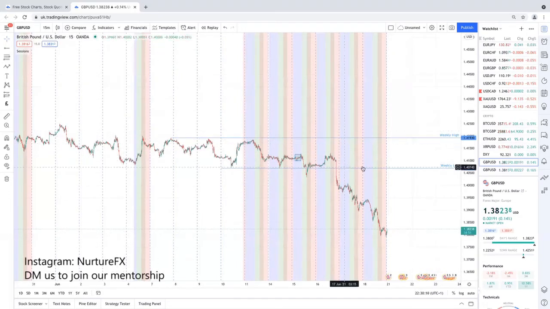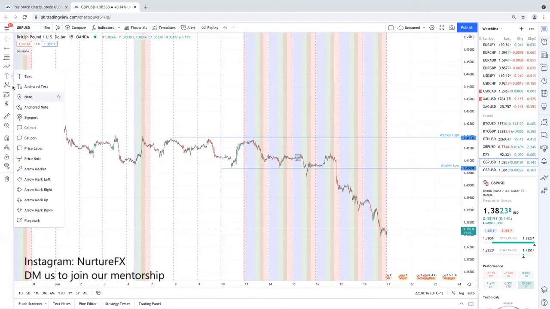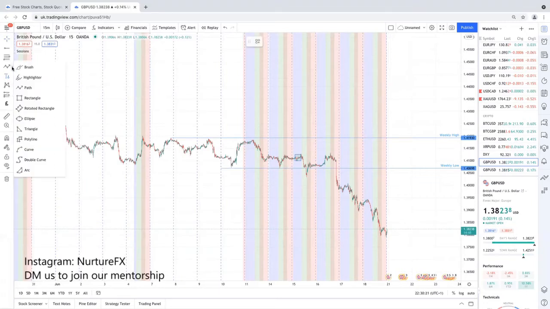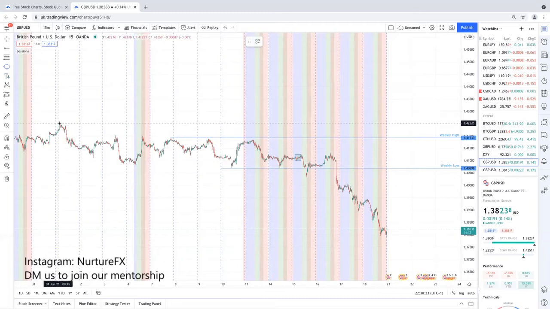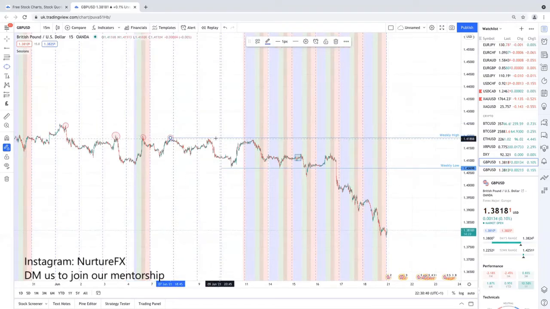Until just this week, it was slightly bearish, but you could see it here making lower lows. Every single week the highs have been getting lower.